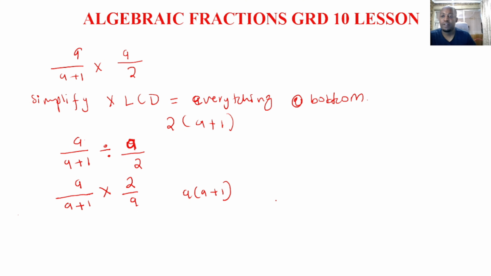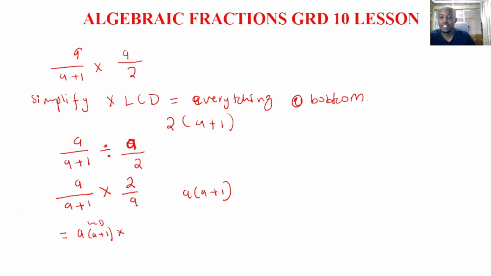But I know what you're asking. You're saying, Gaston, what do you mean by multiply by the LCD? What I mean is you are going to come here and say equal to this whole fraction, which is a plus 1, this is your LCD.